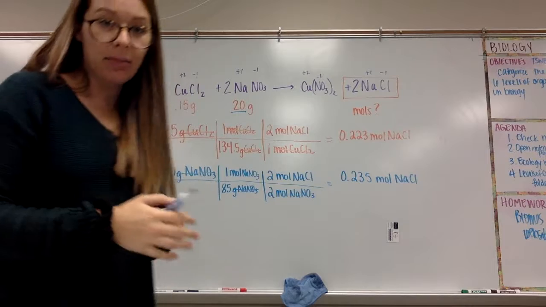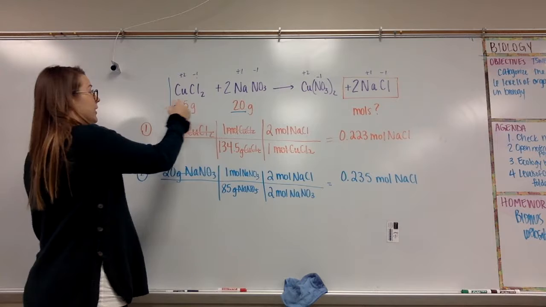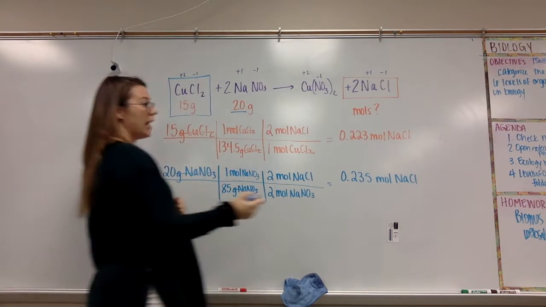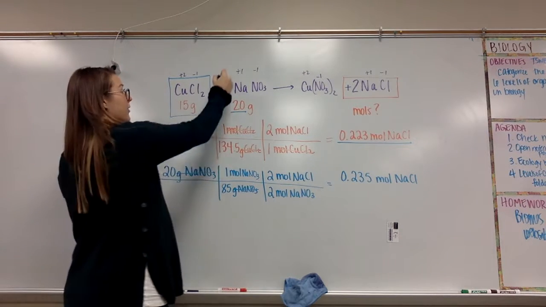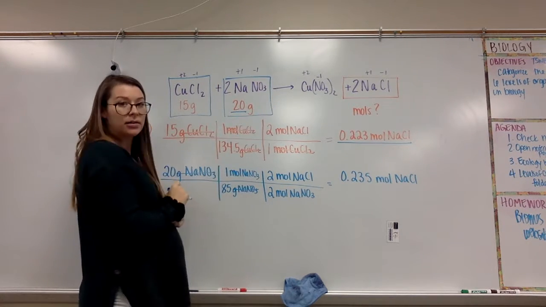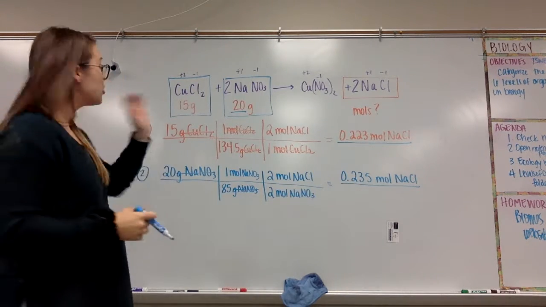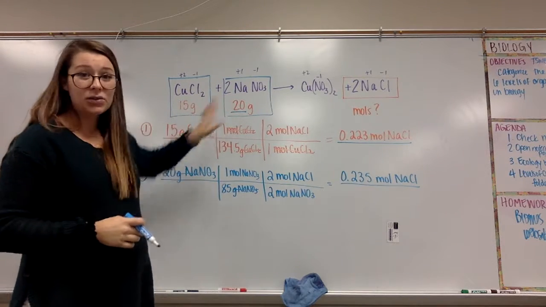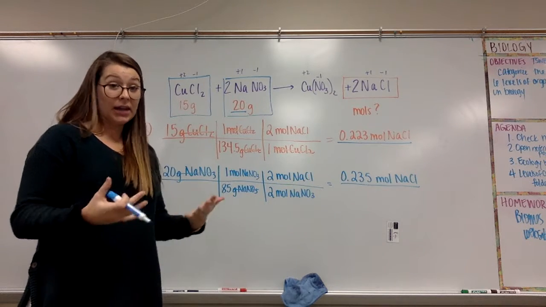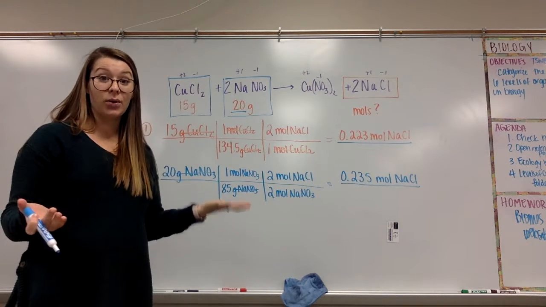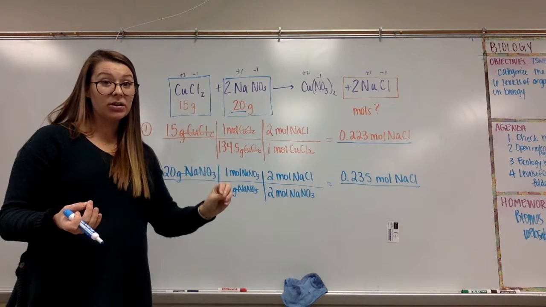So this whole problem is saying, if I have this much copper chloride, I can make this much sodium chloride. And if I have this much sodium nitrate, I can make this much sodium chloride. So which one of these two is going to limit me on how much sodium chloride I can make? The key here is that it's just the one that makes less. So whichever one of your reactants makes less product, that one's going to limit you, and that's going to be your limiting reactant.